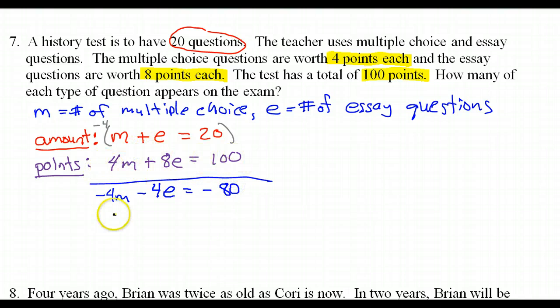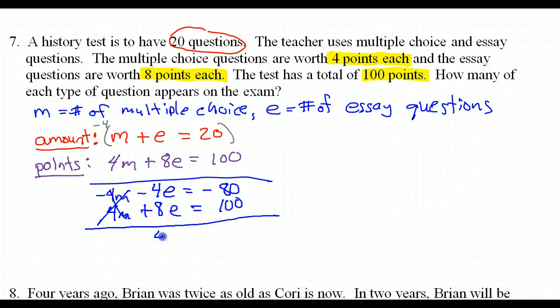The bottom equation is staying the same, so 4m plus 8e is equal to 100. If I put this together, the m's cancel out, and I have 4e is equal to 20.